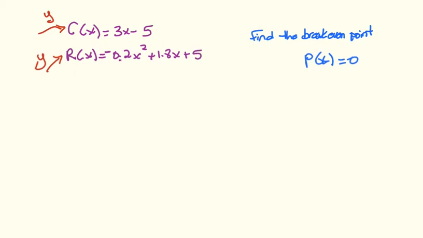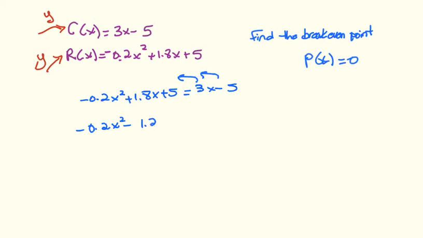So if we do that, we get negative 0.2x squared plus 1.8x plus 5 is equal to 3x minus 5. When you move everything to the left side, you would end up with minus 0.2x squared minus 1.2x plus 10.